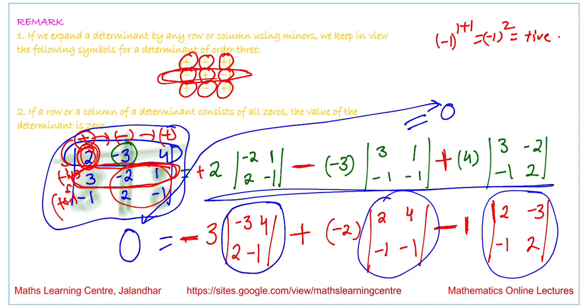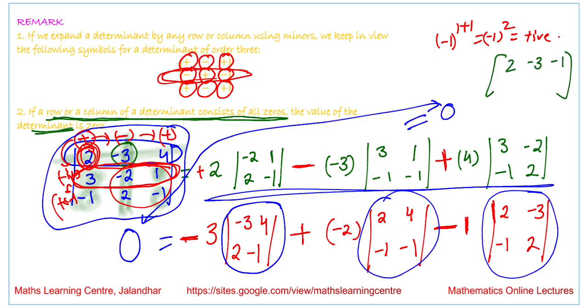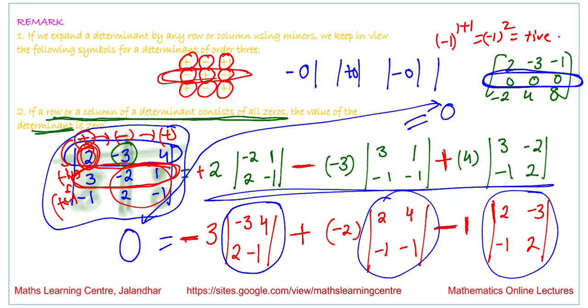Next is, if a row or a column of a determinant consists of all zeros, then the value of the determinant is 0. We have 2, minus 3, minus 1, then 0, 0, 0, then minus 2, 4, 8. If we open the determinant along this row, the answer will be 0 into the minor of the term, with a minus sign, then plus 0 into this, minus 0 into the minor corresponding to the term over here.